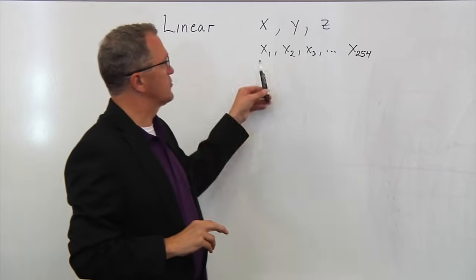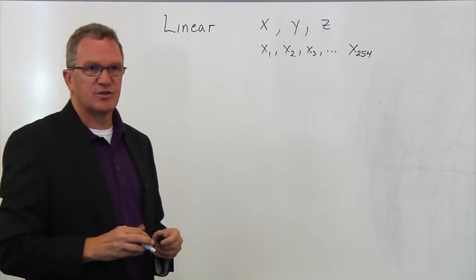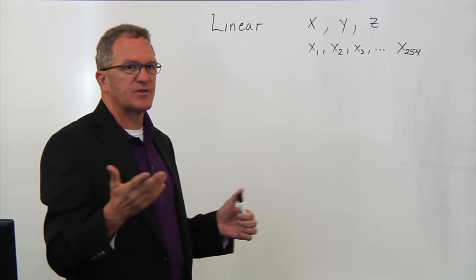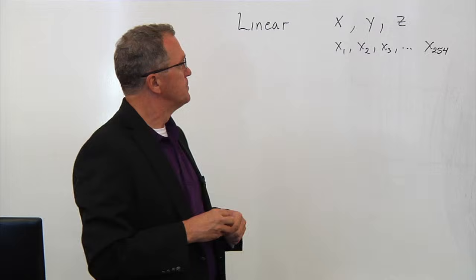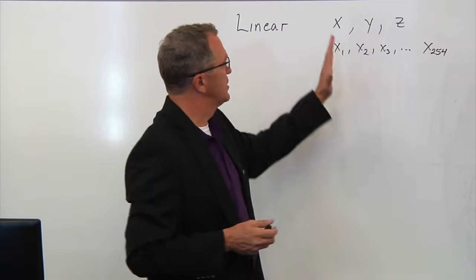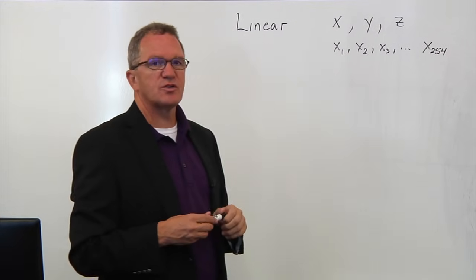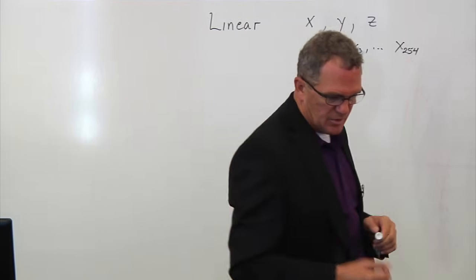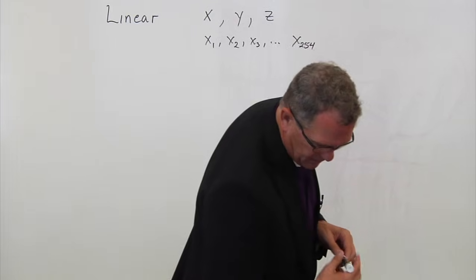Can't stay with letters when we're going to go beyond 26 letters. All right, obviously some of the letters can't be used. O's look like zeros, I's look like ones. So what we end up with is variables raised to the first power. That's linear. All right?